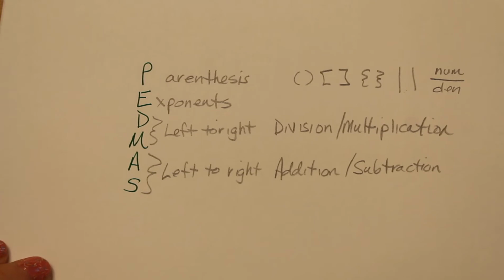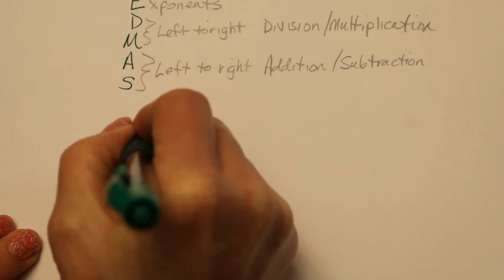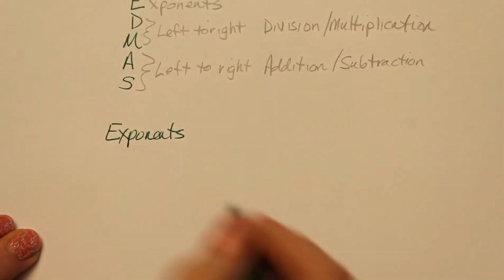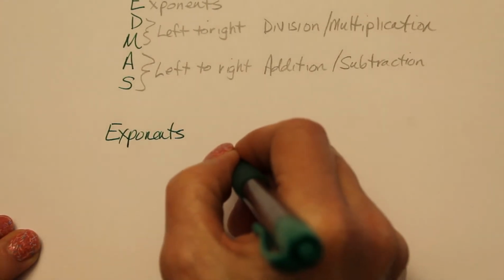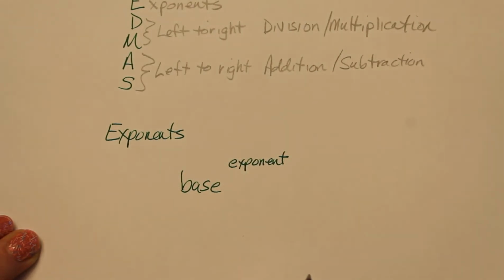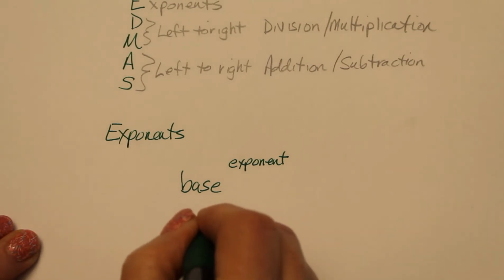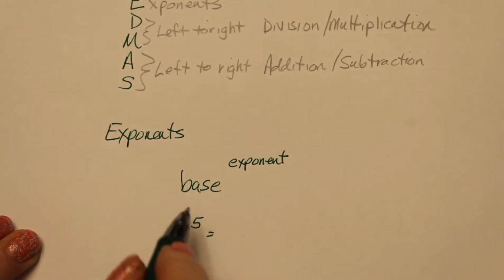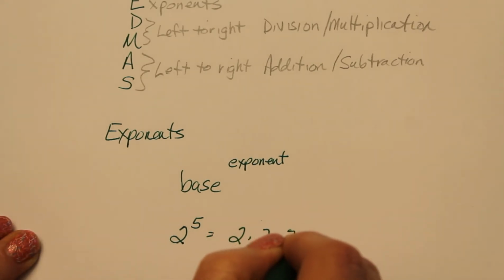So what are exponents? Exponents are a shorthand way to write multiplication. You have a base number, and this superscripted number is the exponent. This is a shorthand for multiplication. So if I have 2 to the 5th, that is shorthand for the base 2 multiplied by itself 5 times.